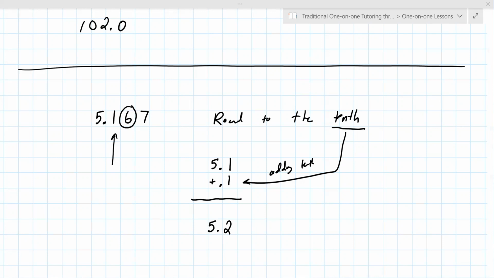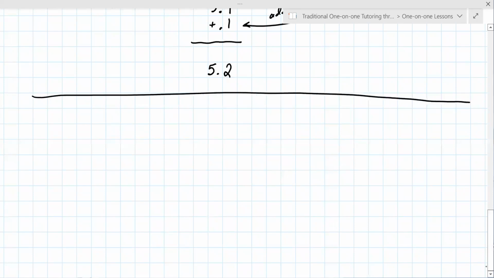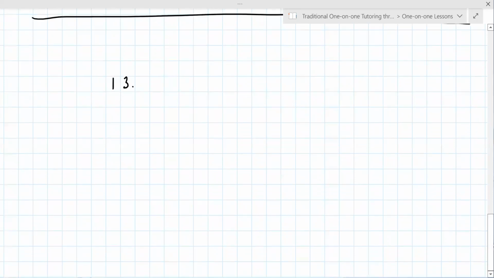Okay, I was going through your lesson, the one that you're currently working on. It doesn't look like that's going to be super helpful. So I'll just make up another number here. 13.75. I want you to round to the nearest tenth. So you've got to write it down on your paper, Zoe.